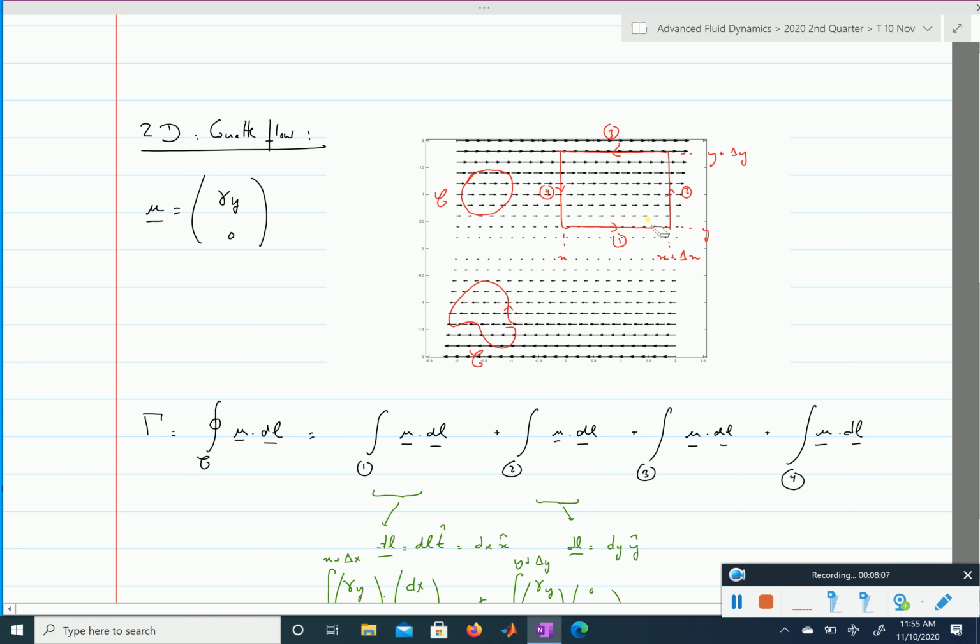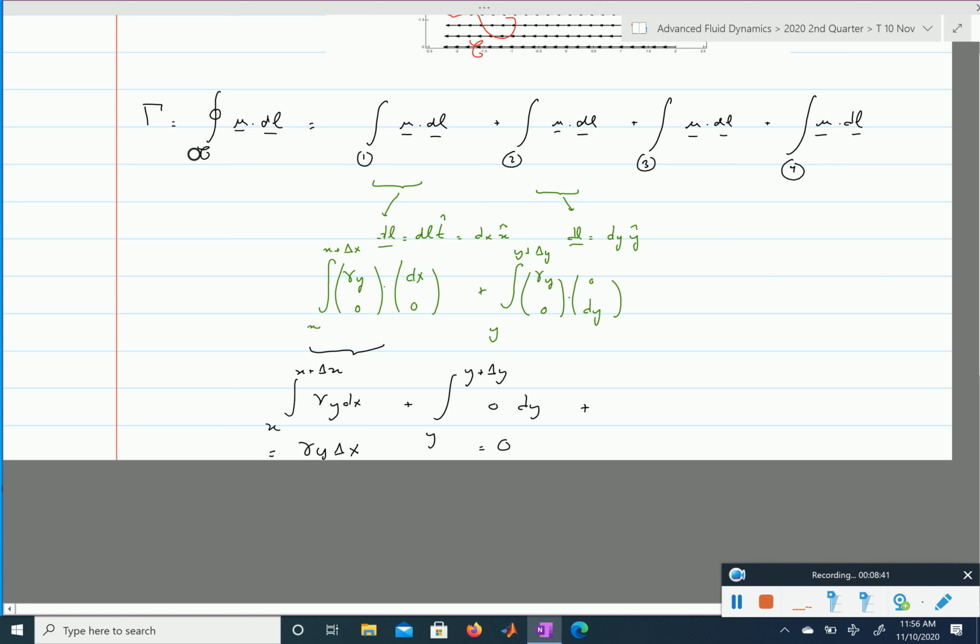When you integrate along this, your velocity vector is normal to the direction of your contour, so this part is not going to contribute because u dot dl is equal to 0. When you integrate along this direction, dl dot u is going to be negative, so there will be a net negative contribution. And along this direction you will have 0. Eventually, if you compute all of these, you find that the circulation gamma is equal to minus gamma times delta x delta y.